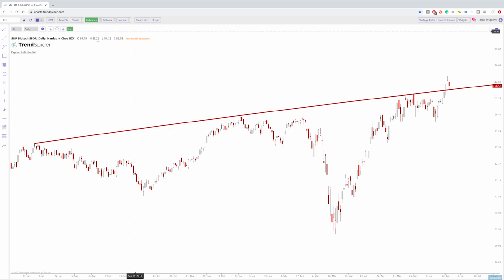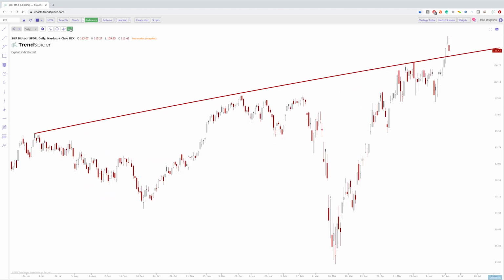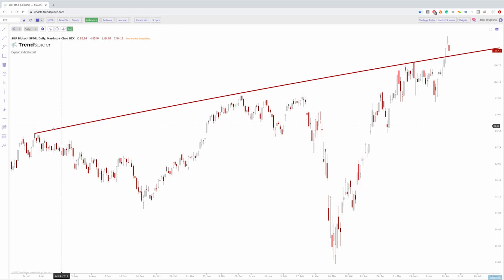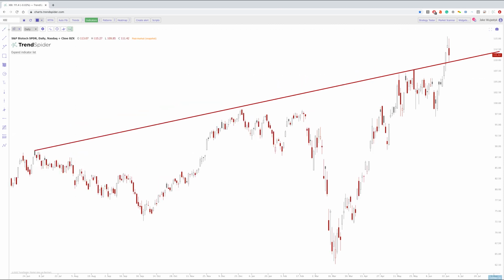Notice here that I'm on log scale, and that's one cool thing about Trendspider. Going on log and off log will actually change, obviously, the price scale, but it's also going to change the trend line. So as we turn this on log, you'll see this is slightly curved. And so if you have something like this, let's say we draw it here.